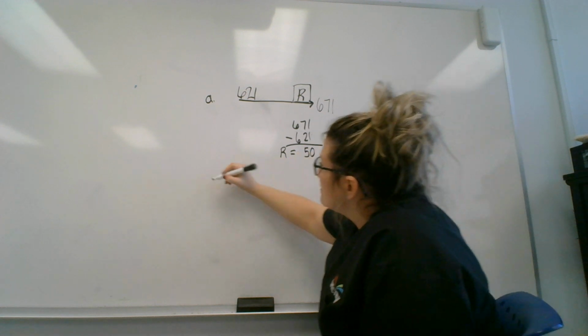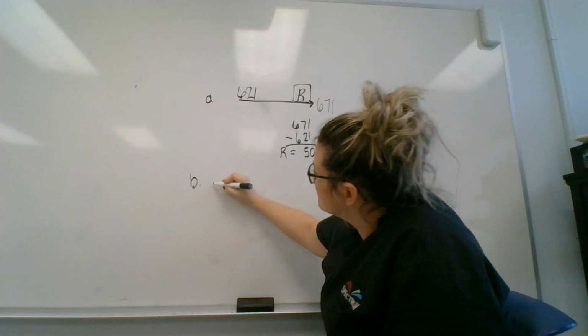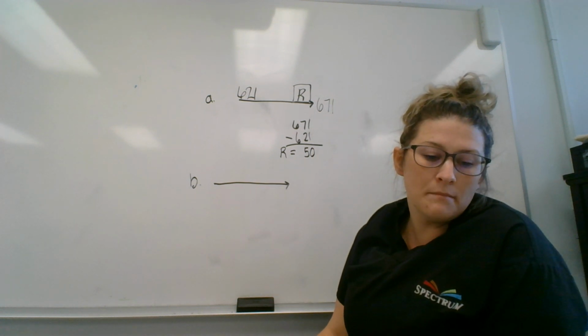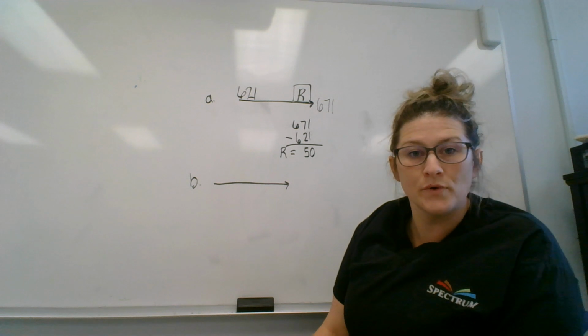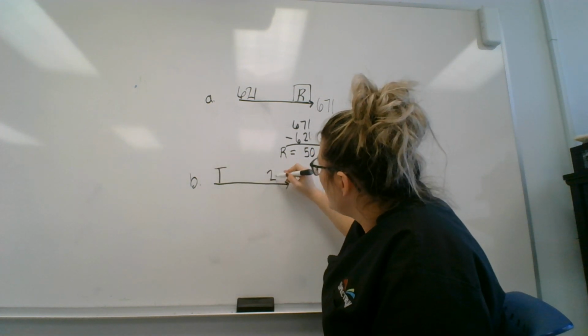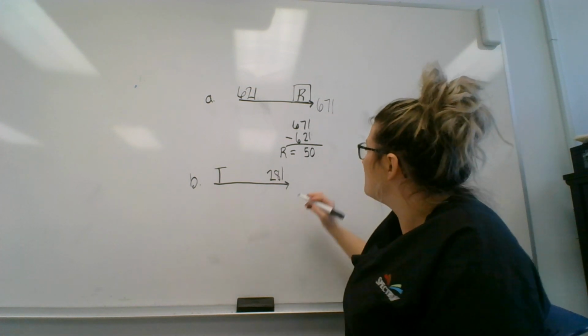Okay, let's go ahead and set up B. The small numbers are T and 281. So I'm just going to write them across, T and 281. The big number is 395.